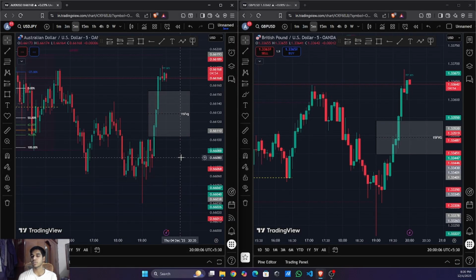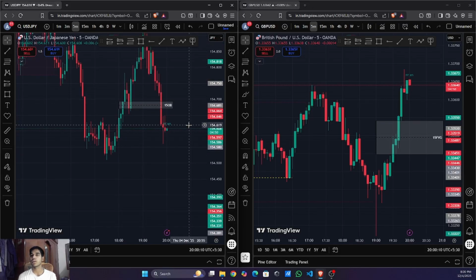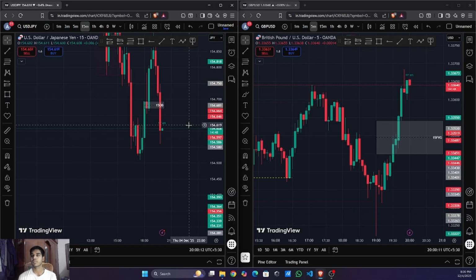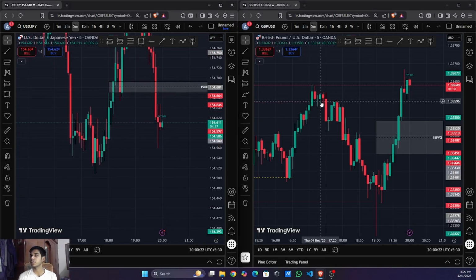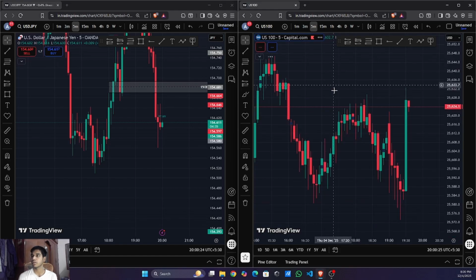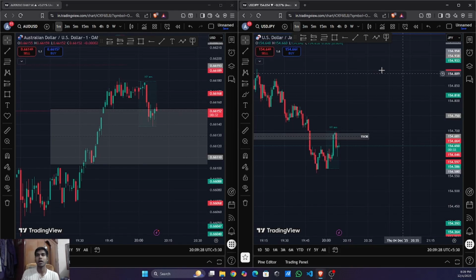I will place gold here, JPY. Okay, this is a good place for entry because it's an order block plus fair value gap. It has already tapped in the fair value gap. I'm in AUD.